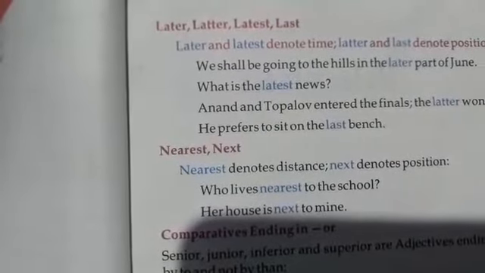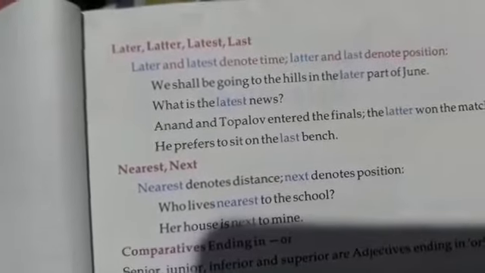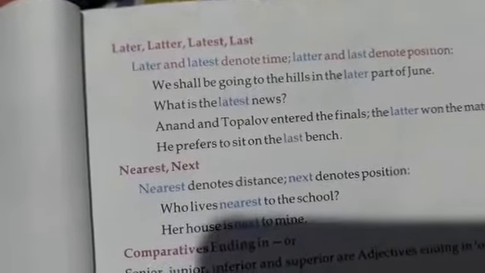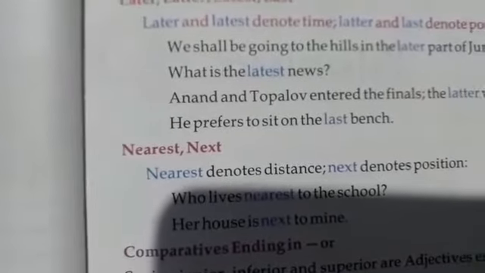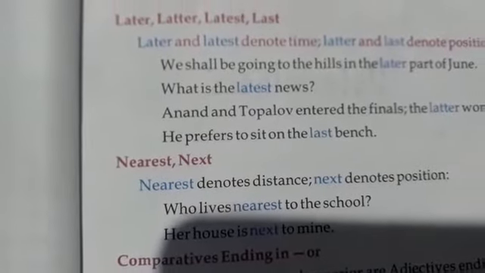Anand and Topalov entered the finals. The latter won the match. This latter here shows the position. The latter won the match means Topalov won the match, because between Anand and Topalov, the latter is Topalov.